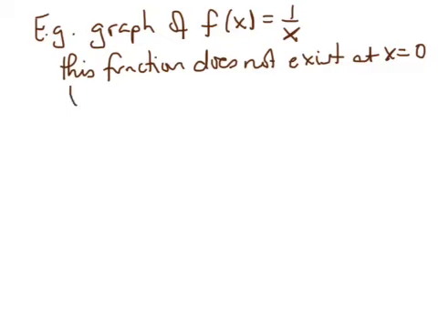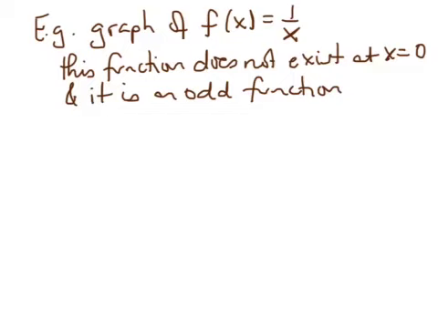And it is also odd. So it is an odd function. f of minus x is equal to minus f of x. 1 over minus x is minus 1 over x. That shows us that we have an odd function.